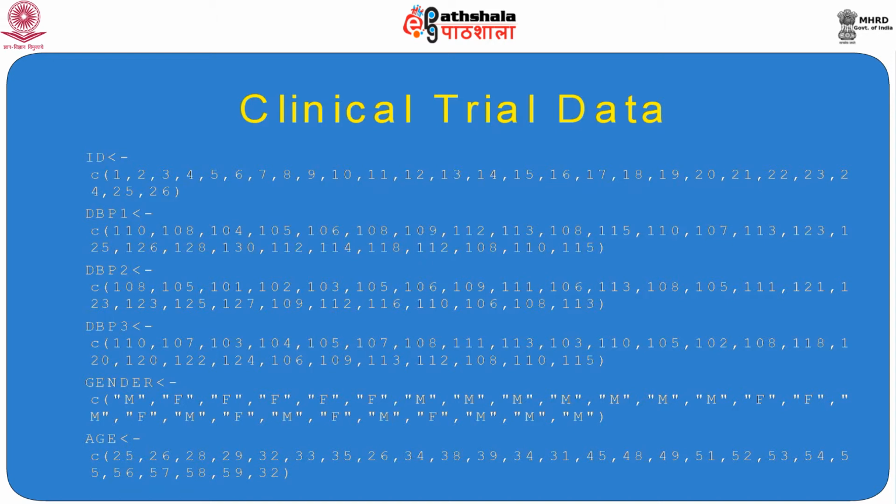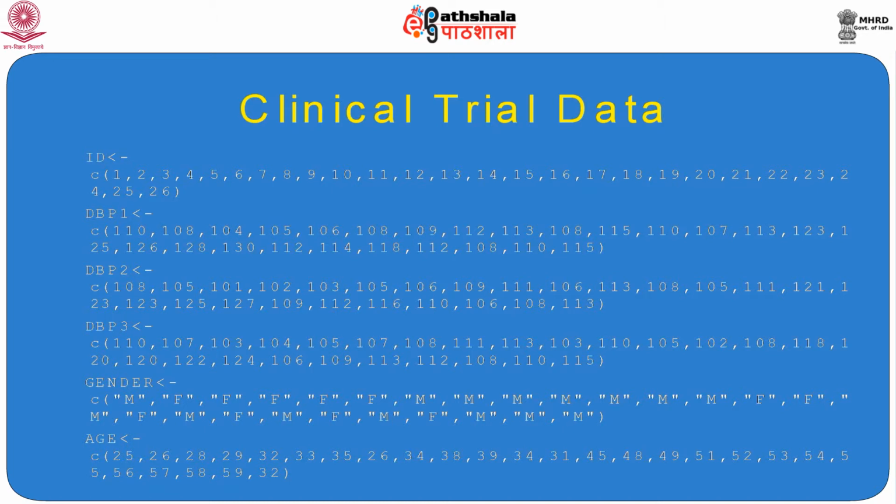Data on diastolic blood pressure has been measured repeatedly, and how the diastolic blood pressure changes over time through the therapy has been captured as data, and we will see how to analyze these data and make statistical inference.